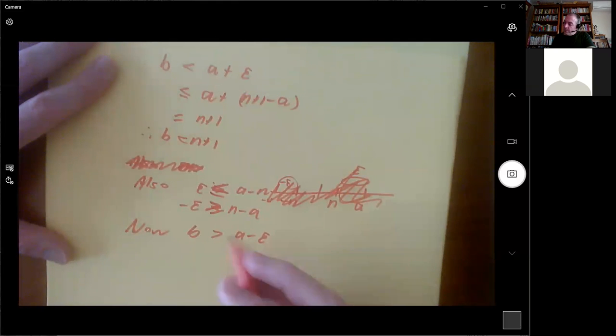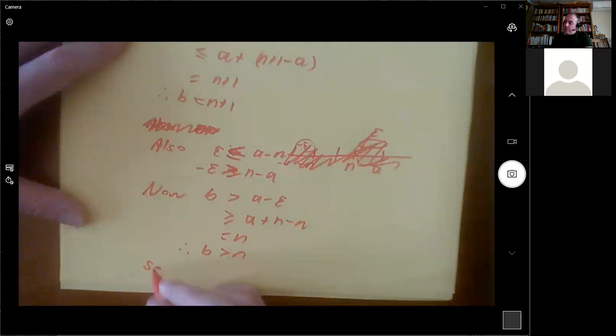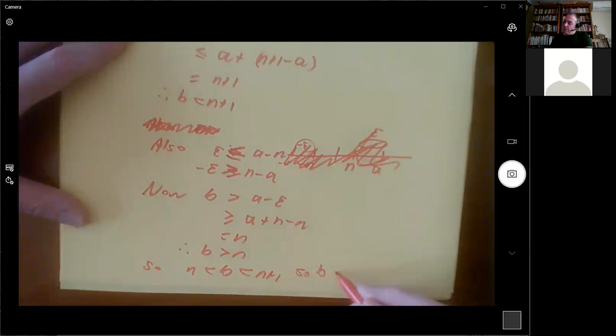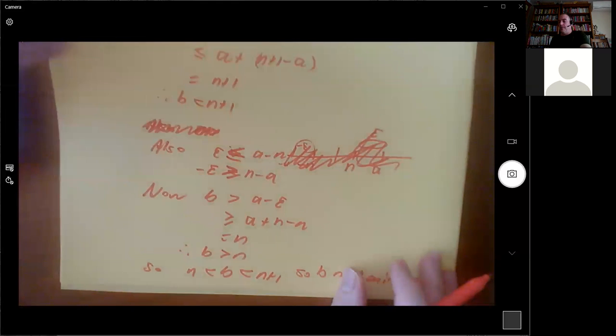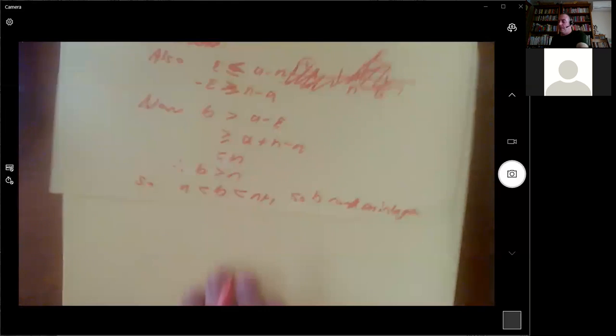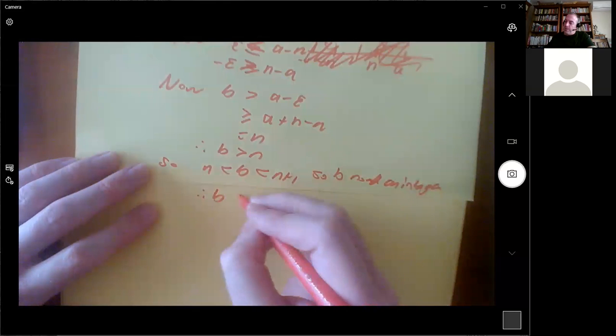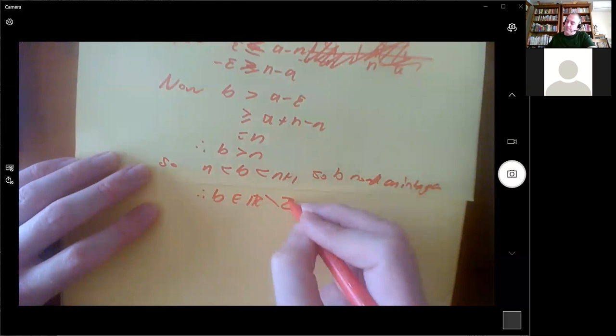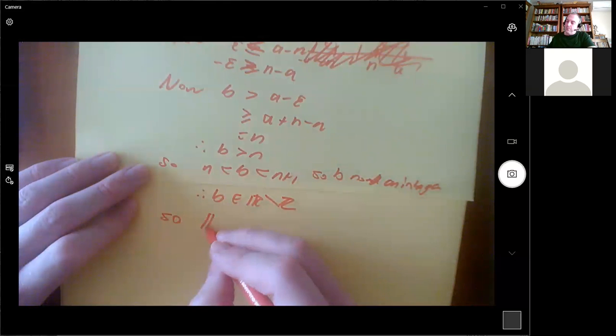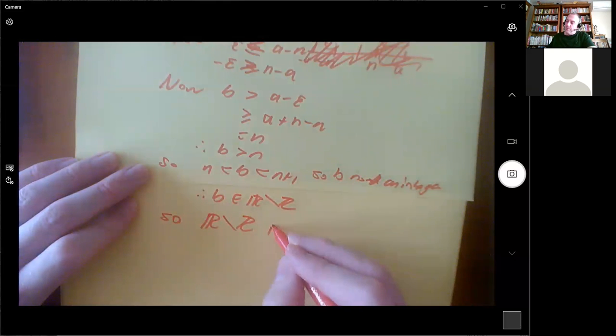So a minus epsilon, which is greater than or equal to a plus n minus a, which is n, so therefore b is greater than n. So n is less than b, which is less than n plus 1, so b is not an integer. And therefore, b is in the real numbers without Z. And so the real numbers without Z is closed.